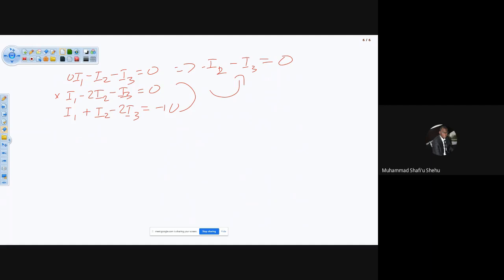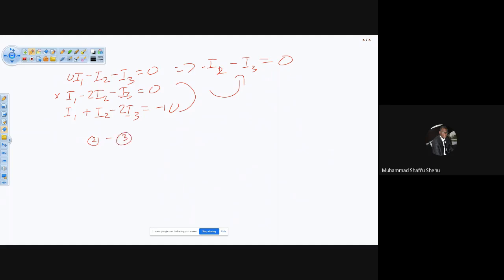We don't have to add anything to it, because I1 in equation 1 and I1 in equation 2 have the same coefficient. So what do we do? We just take subtraction. So we can say equation 2 minus equation 3.